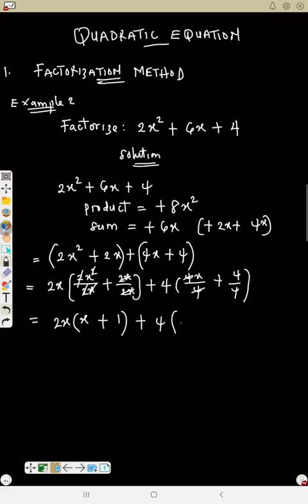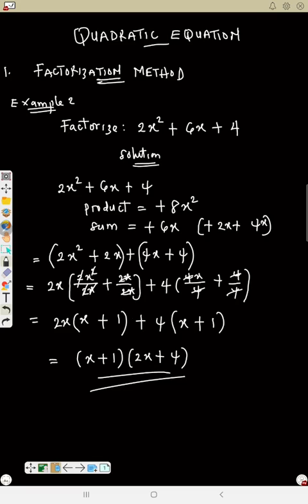Now 4 will cancel out 2, x plus 4 will cancel out 1. So this and this are equal. Now I told you it must be the same. So that means we have x plus 1, and also write the outside one, 2x plus 4.